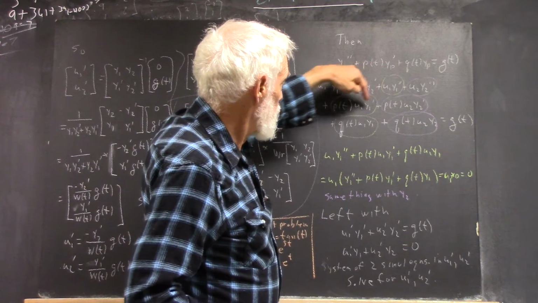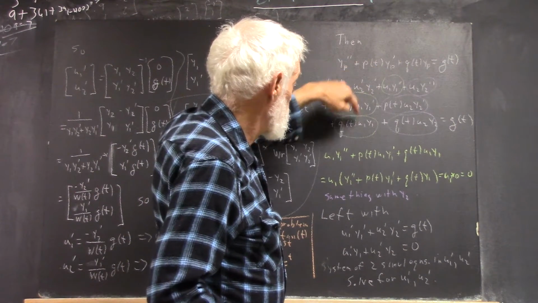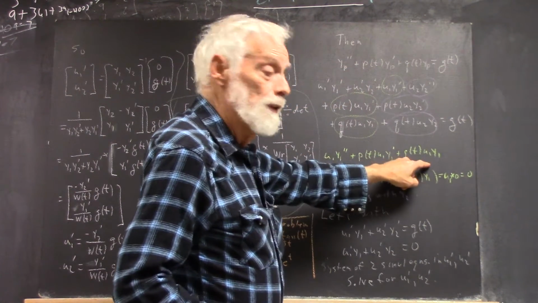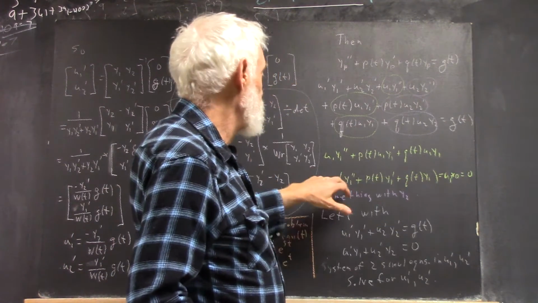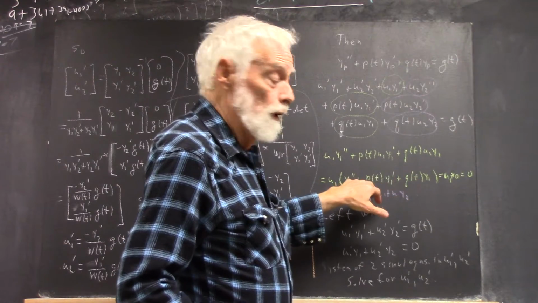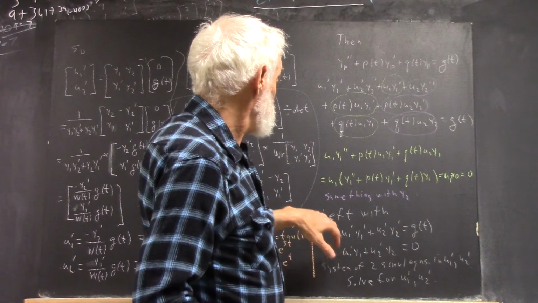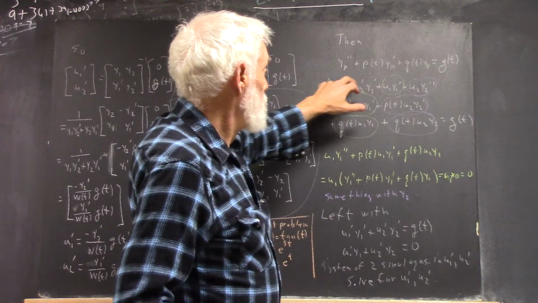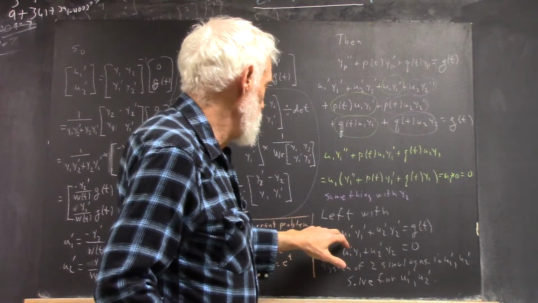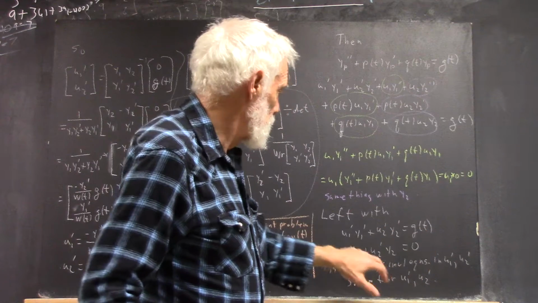Observing that the three terms circled in green simplify to this, which is just going to be 0 because y1 is a solution of the original equation, and same thing with these three terms, we end up with this plus this equals g of t.